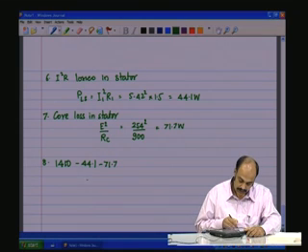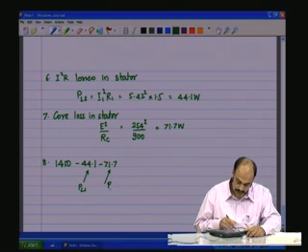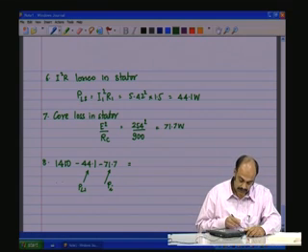This is the stator I square loss, and this is the core loss or the iron loss in the stator, and the power available is equal to 1294 watts.